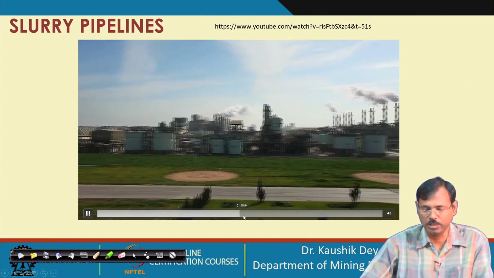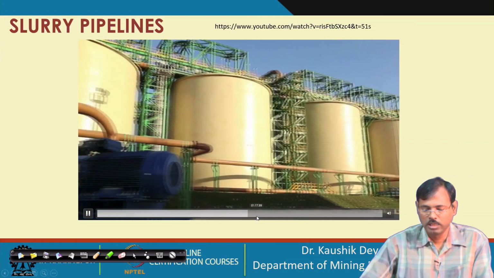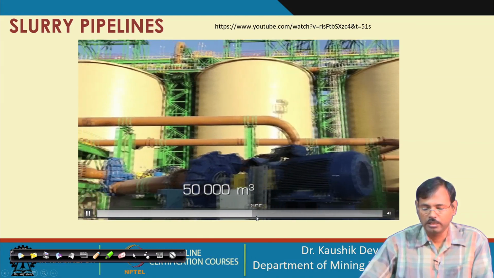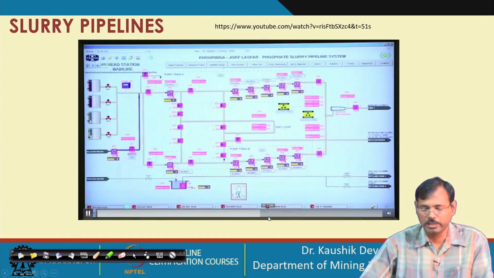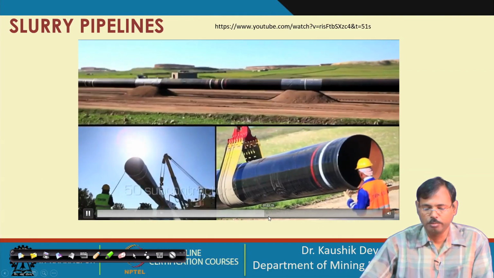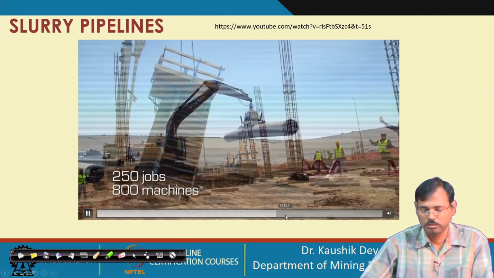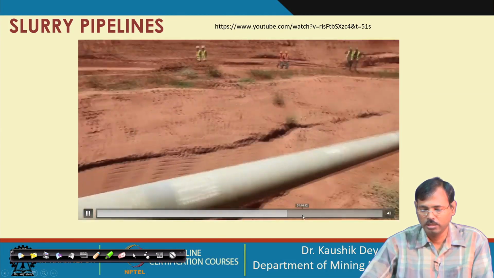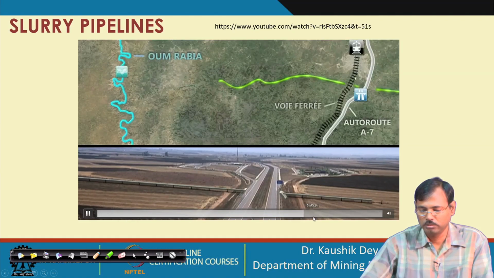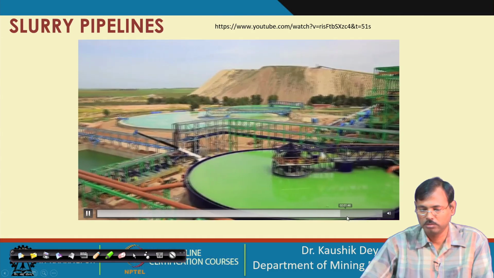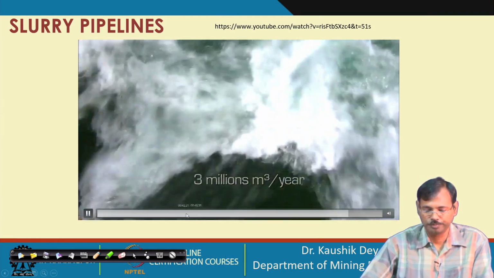So, this is the pipeline being laid, and at the receiving end of the pipeline the dewatering is carried out and the material is reused there. So, this is the laying of the pipes, and this is the dewatering system.